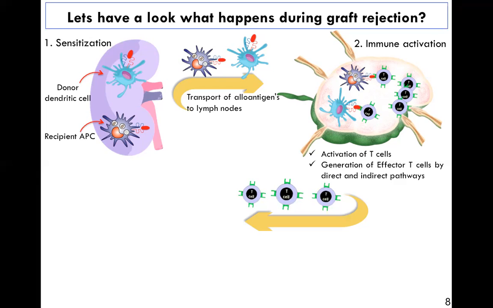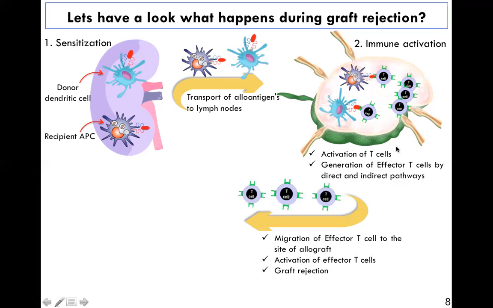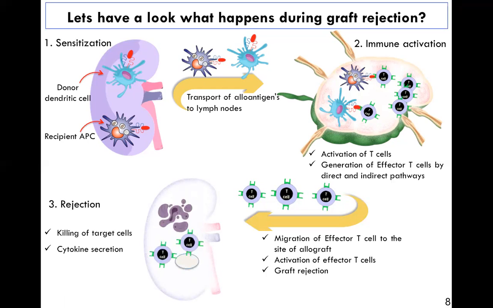Now these effector T cells will move toward the allograft site. First is the migration of effector T cells to the site of the allograft, where we have grafted that foreign section, whether it's an organ or a part of the tissue. Then comes the activation of effector T cells, and as a result, the last step, which is rejection. Why is it rejected?